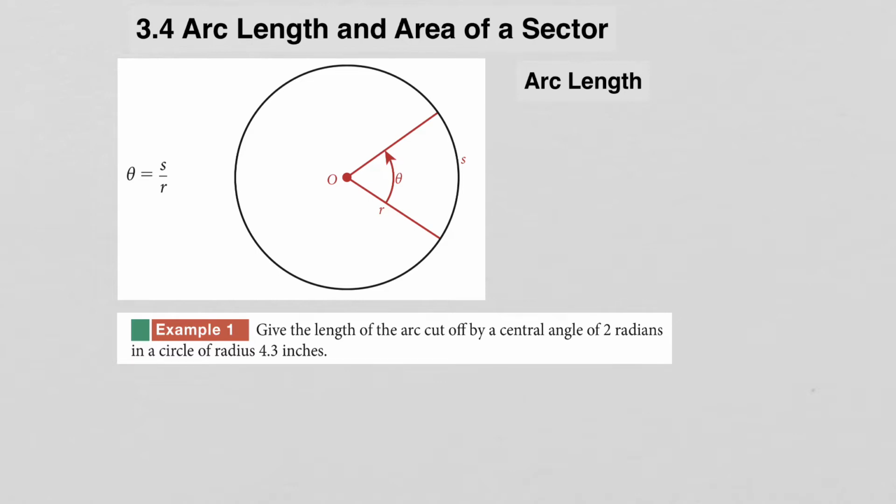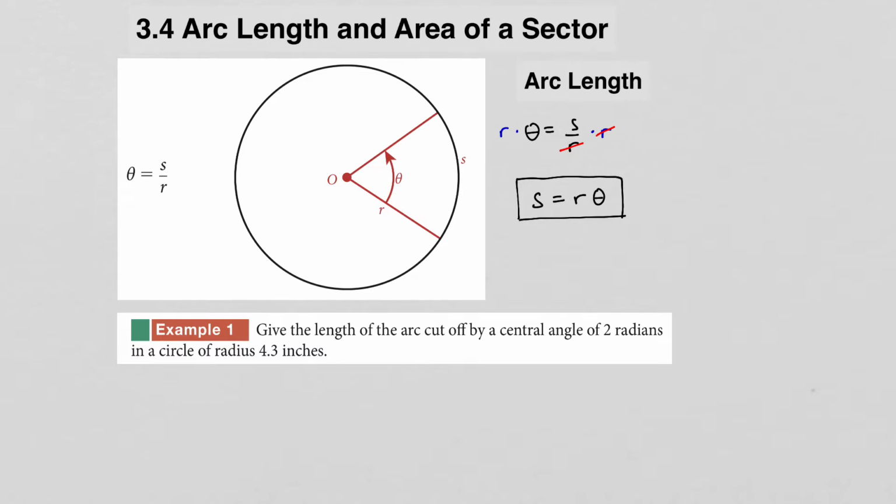So if we want to know what is the arc length, we can take this equation theta equals S divided by R, and we can solve for S by multiplying both sides of the equation by R. Isolating S, we get S is equal to R theta. So the formula for finding an arc length is you simply take the radius of the circle and multiply it by the central angle theta.